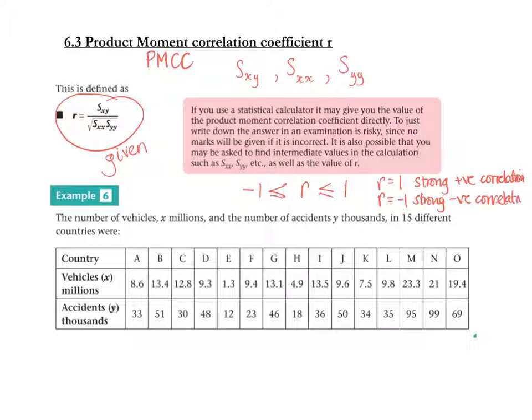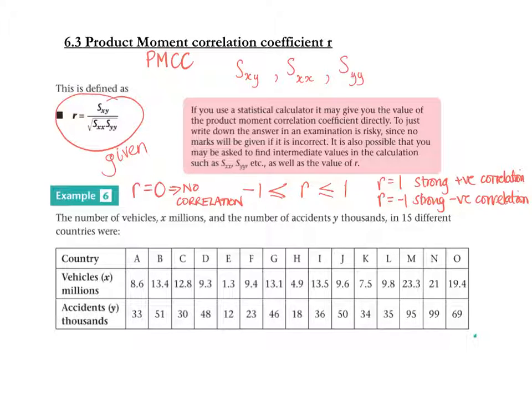So this is where the graph and the calculation together show how strong the correlation is. If you have r equal to 0, then there's absolutely no correlation at all. So that's the 3 values. It can be on that scale from -1 to 1, so if you do a calculation and get a value of 2, you know you've done something wrong.